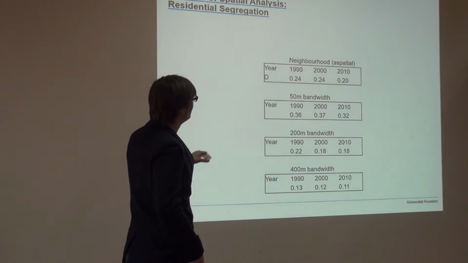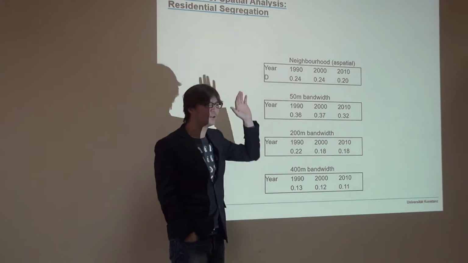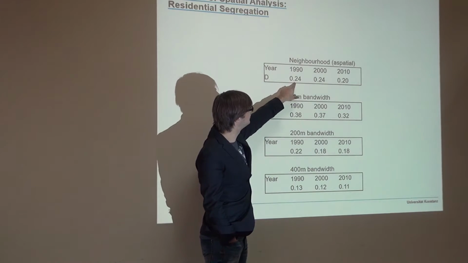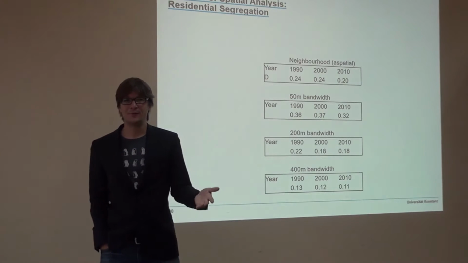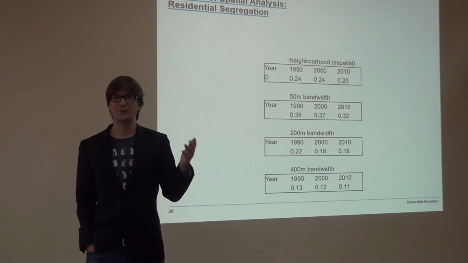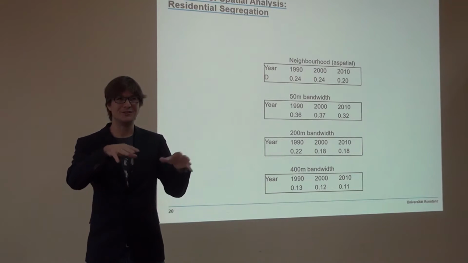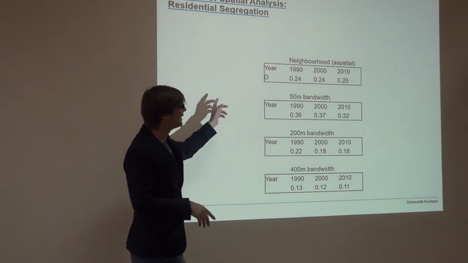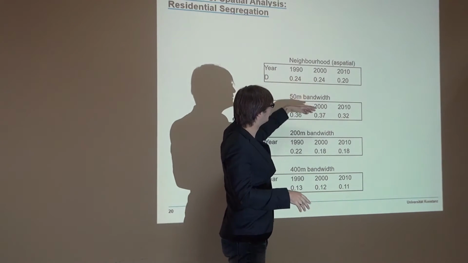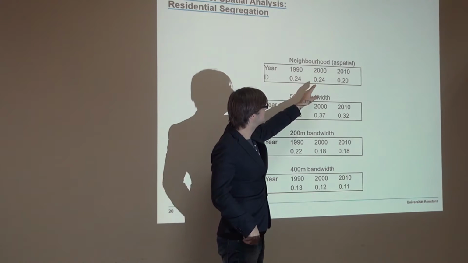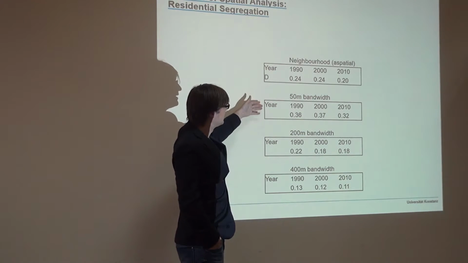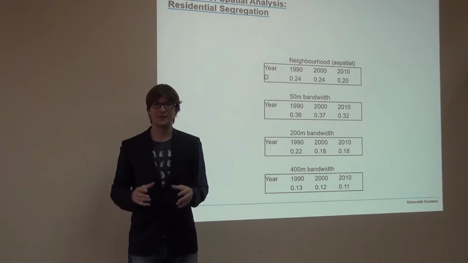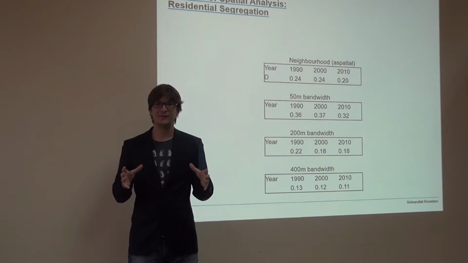So with the aspatial traditional Duncan segregation index, we had a value of 0.24, which would mean 24% of Germans in this city had to relocate to get an even distribution. And we looked at different points in time, and it didn't change much between 1990, 2000 and 2010. Then we had these individual neighborhoods, because segregation can be at very different scales.